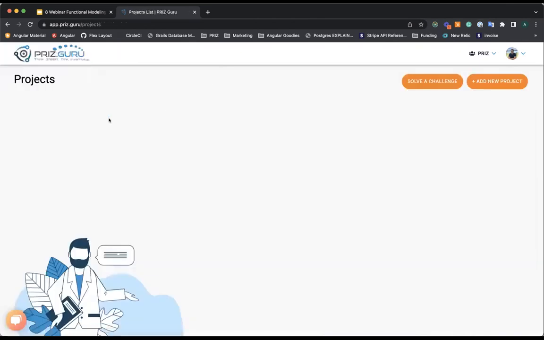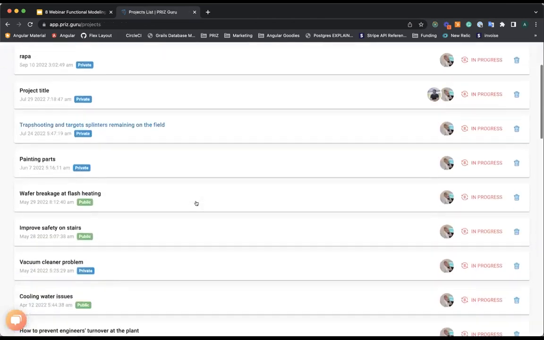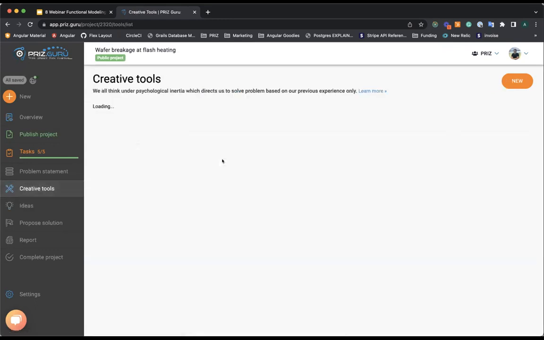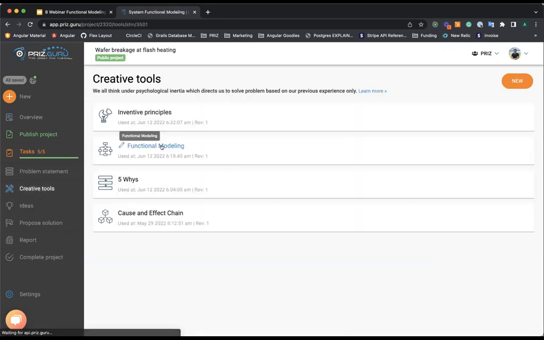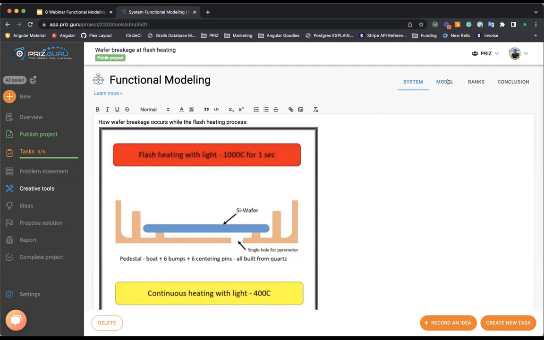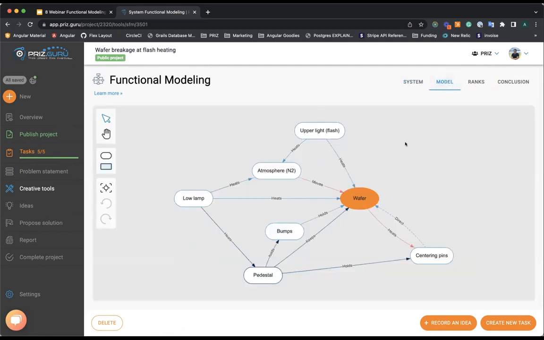Another example, I don't remember if this one has a functional model. Yeah, it does. Again, also related to the same industry, microelectronics. When a wafer is breaking and we're analyzing how it can break, a much simpler model, right? But the process is the same.